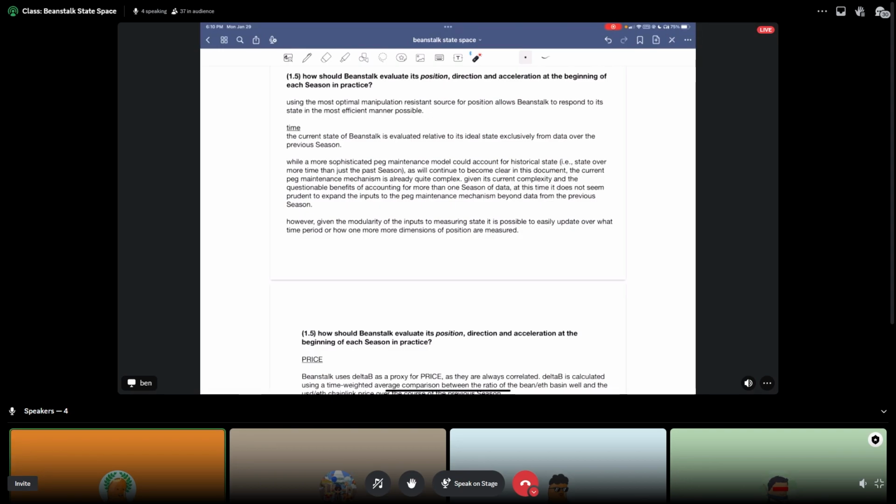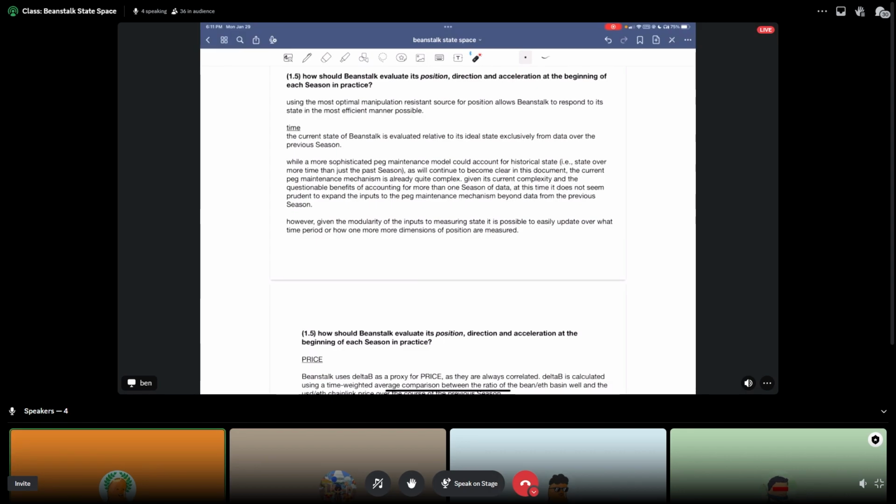Given, as we're seeing, there's a lot of complexity here, I think that the general preference should be to keep things as simple as possible. And therefore, Beanstalk just responding to its previous season as opposed to an extended period of time seems to be the most intuitive.